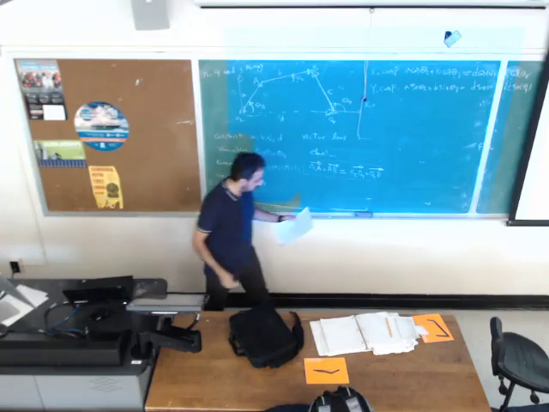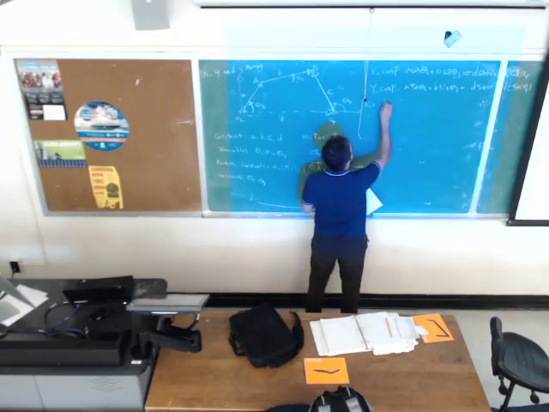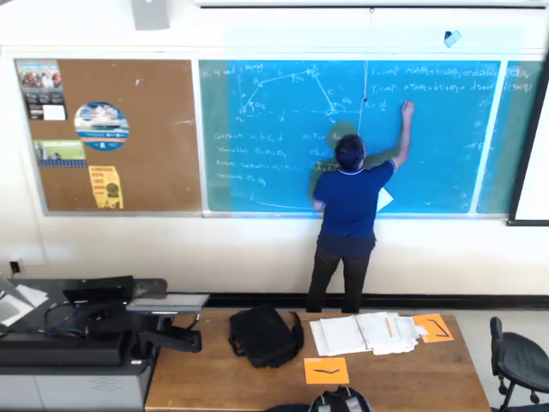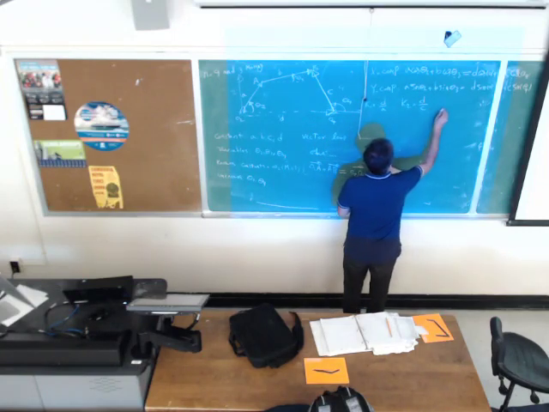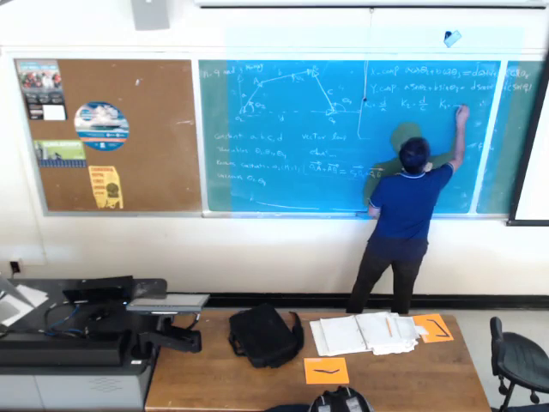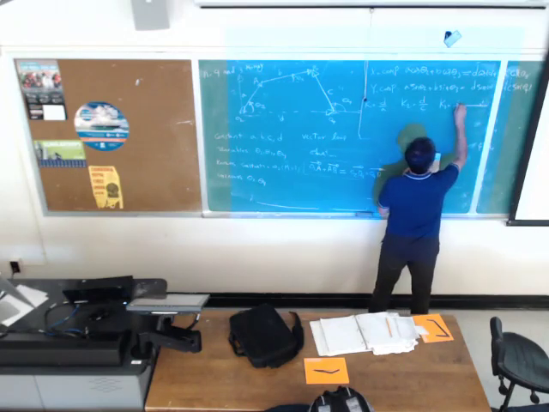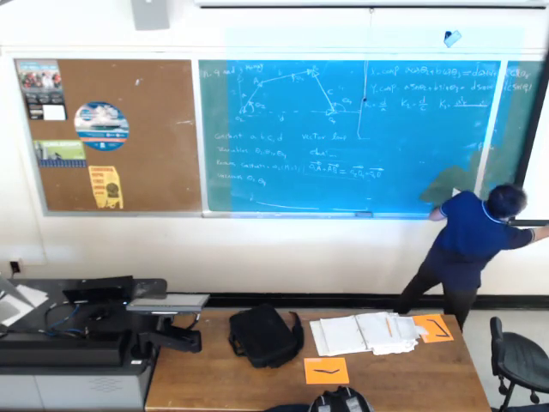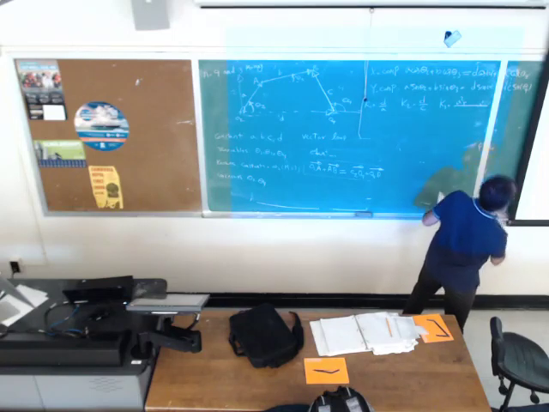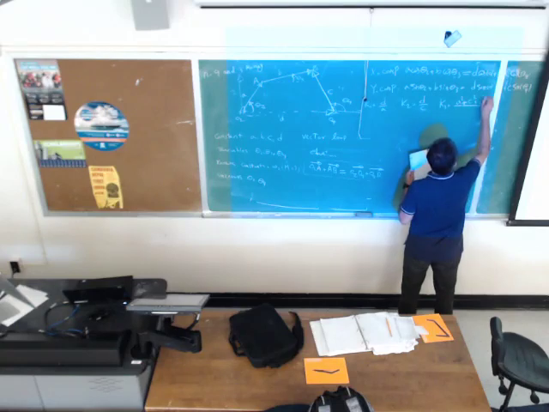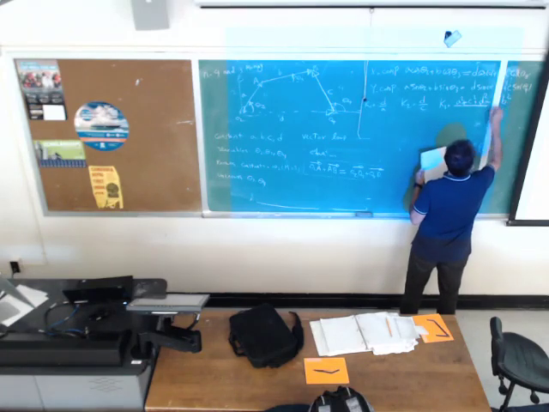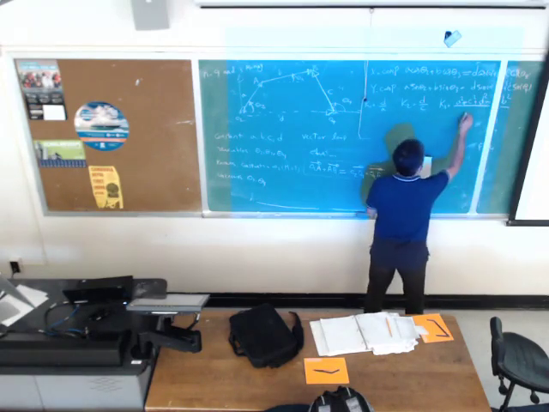I define K1 as D over A, and K2 as D over C, and K3 as A squared plus C squared plus T squared minus T squared, divided by 2AC.